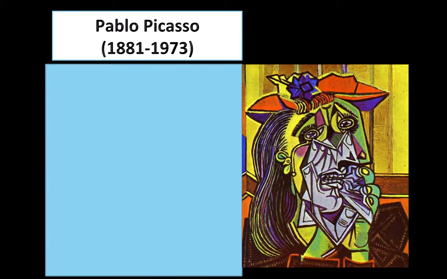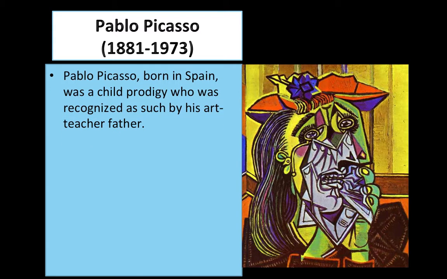Then we have Pablo Picasso, born in 1881, died in 1973. Now, Pablo Picasso was born in Spain and was a child prodigy who was recognized as such by his art teacher father. He started painting at the age of 9 and really developed and continued painting all the way up until his death.